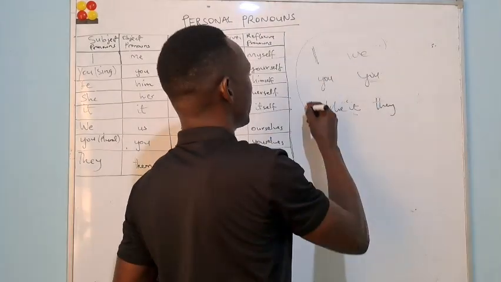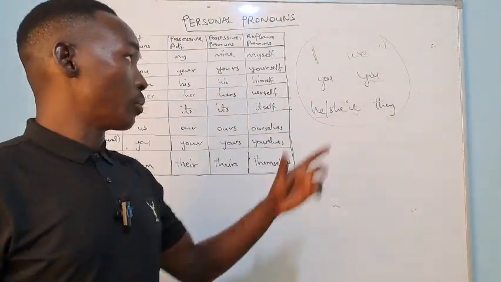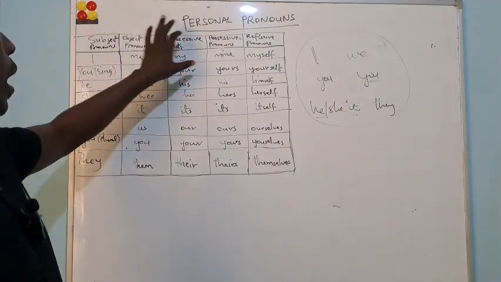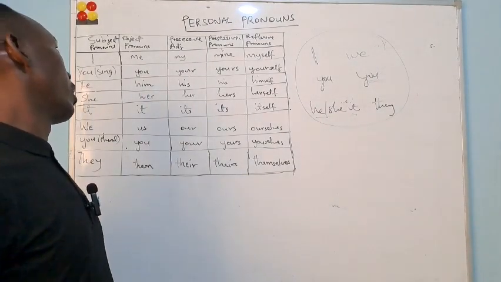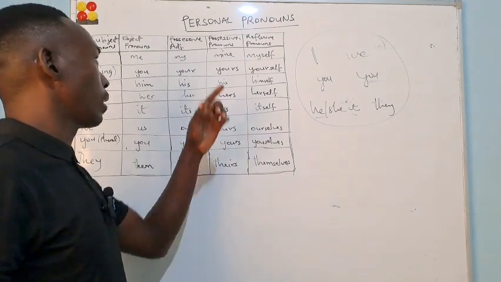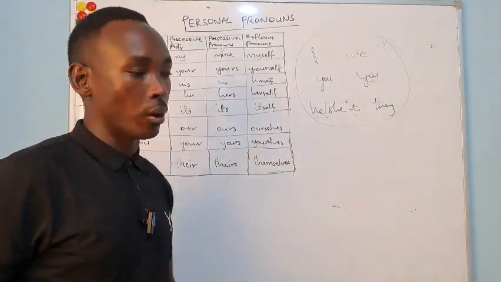So from these basic personal pronouns we can get all these other kinds of personal pronouns, which are subject pronouns, object pronouns, possessive adjectives, possessive pronouns, and reflexive pronouns.